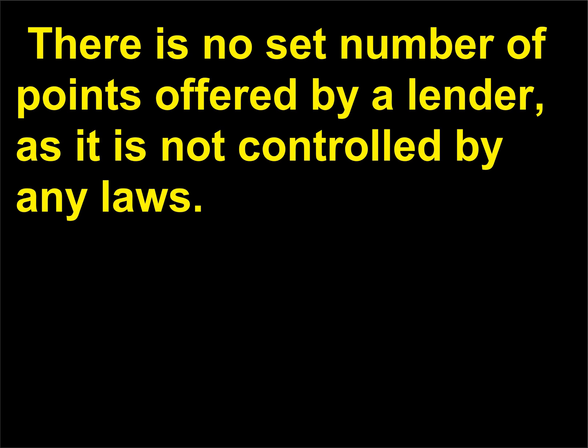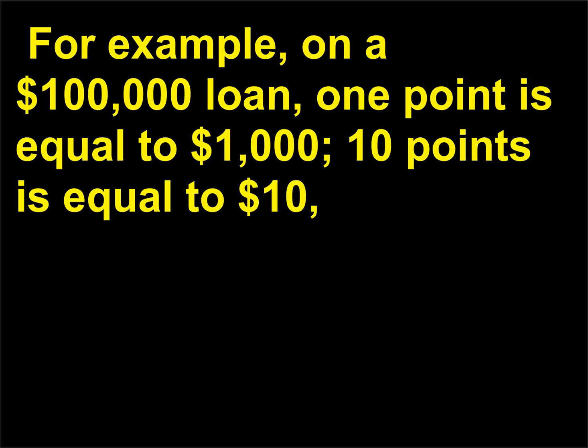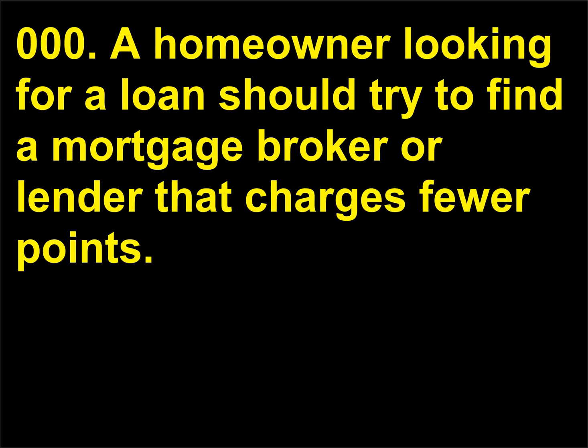There is no set number of points offered by a lender, as it is not controlled by any laws. For example, on a $100,000 loan, 1 point is equal to $1,000, 10 points is equal to $10,000.